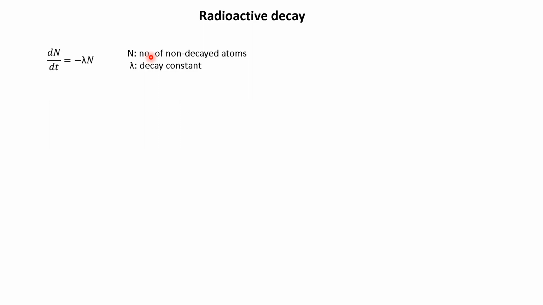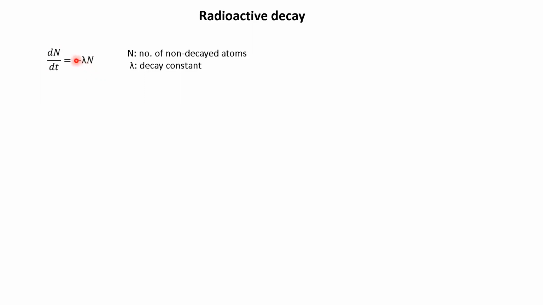That decrease, this dN/dt, the rate of change of N, is proportional to the number of undecayed atoms at that time. So that's radioactive decay, modeled by this first order ODE. I believe you have heard about this before, so that's good.